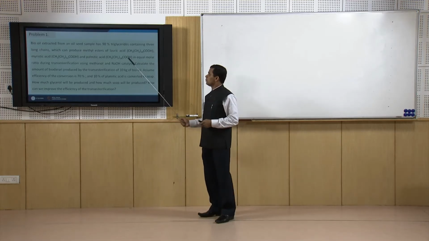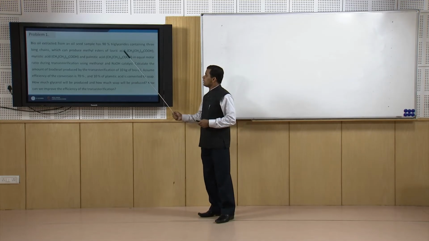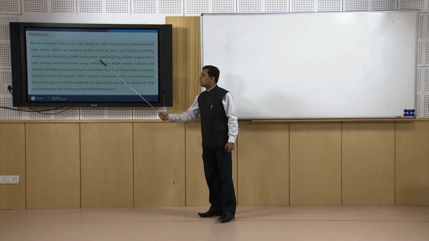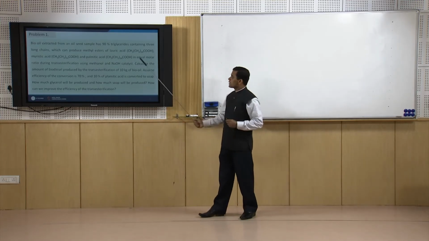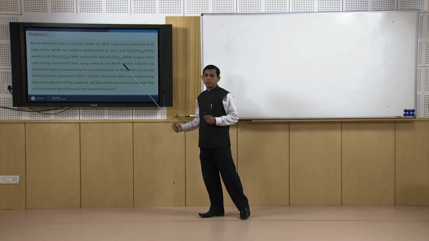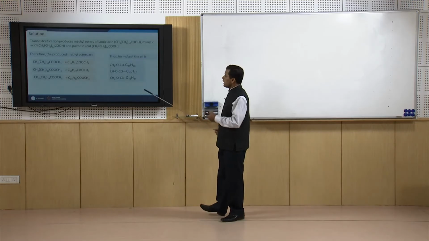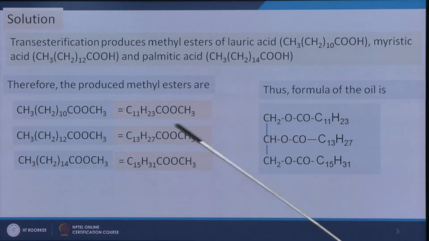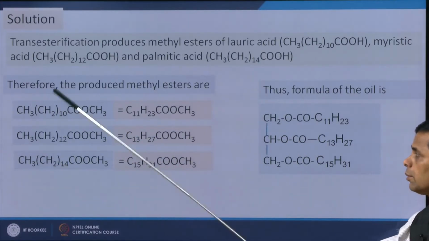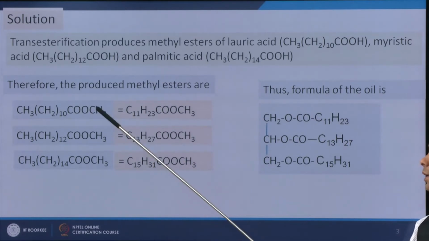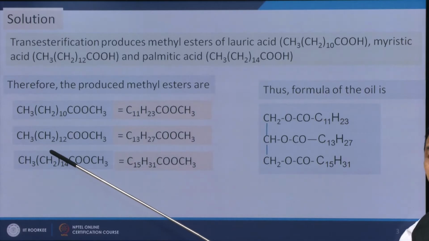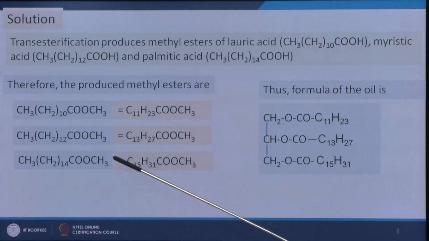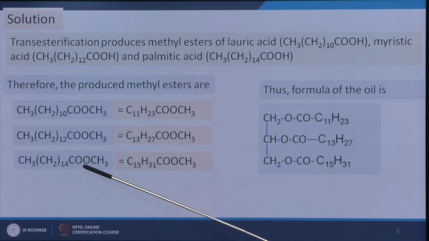We have 3 chains that can produce lauric acid, myristic acid and palmitic acid. So, the methyl esters of these acids will form due to the transesterification process. These are the 3 biodiesel components: methyl ester of lauric acid, methyl ester of myristic acid and methyl ester of palmitic acid.